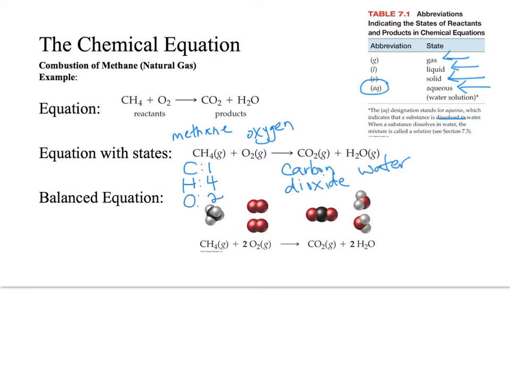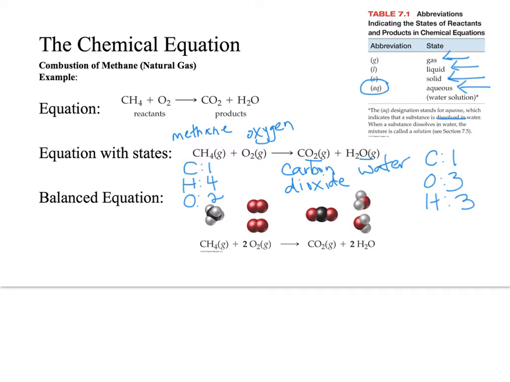On the other side, we have carbon showing 1. We have oxygen showing 3 because we have 2 in the carbon dioxide and 1 in the water, and hydrogen we have 2. And if you look side by side, 1 carbon, 4 hydrogens, 2 hydrogens, 2 oxygens, 3 oxygens.